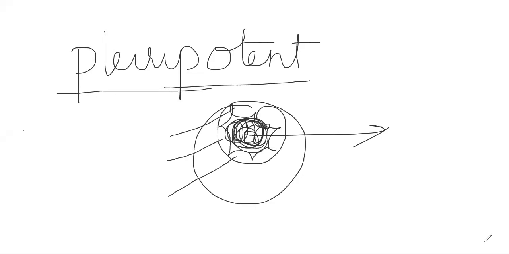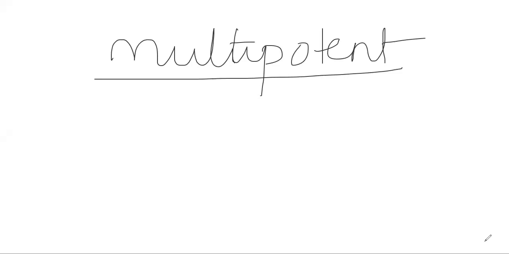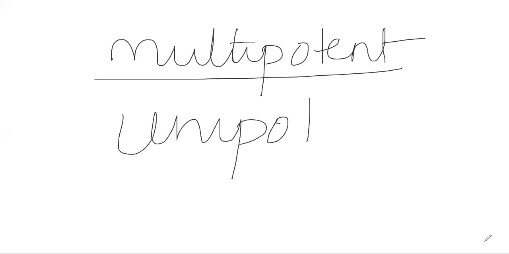Okay. Next, multipotent cells. The limitation is much increased. We can say multipotent: only certain types of cells are going to be produced. Next, unipotent stem cells. Only one type of cell is going to be formed.